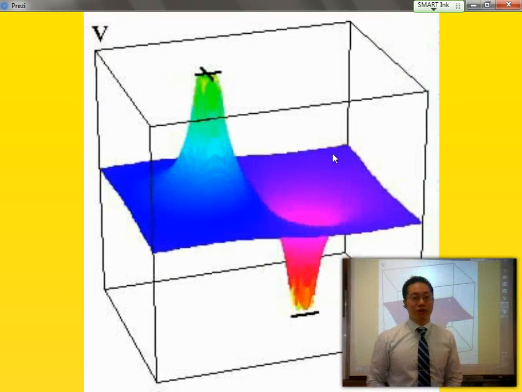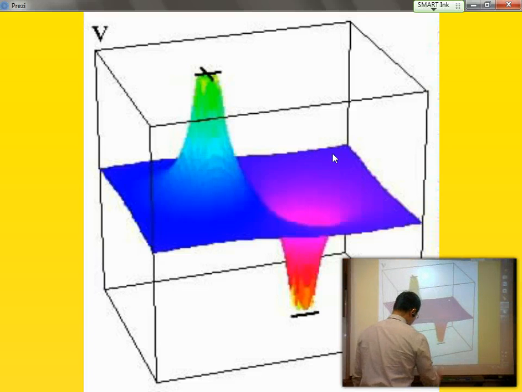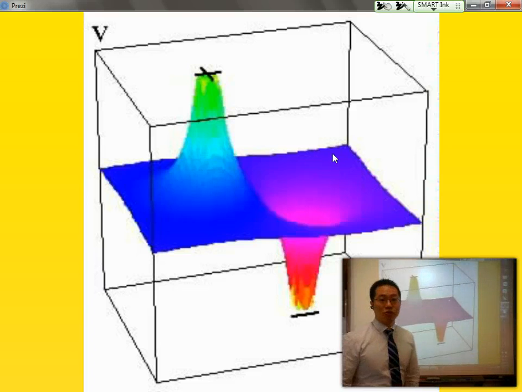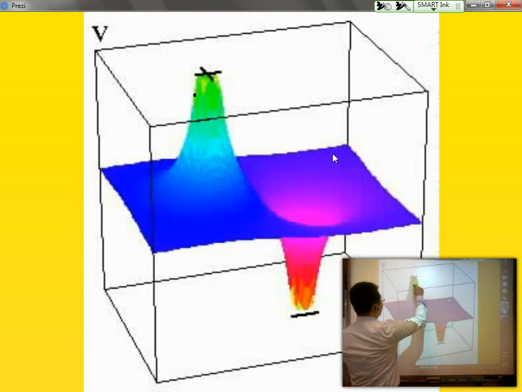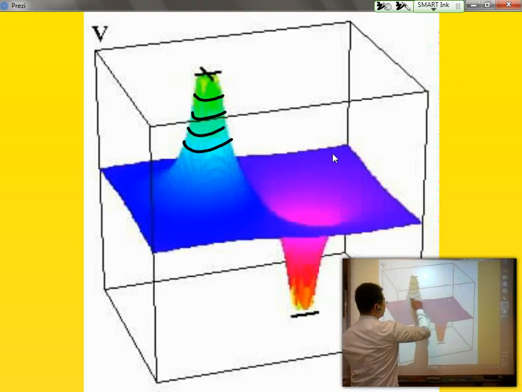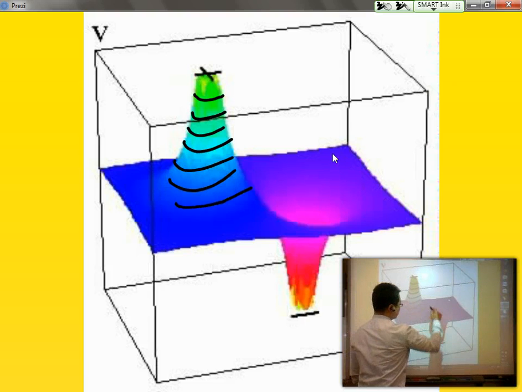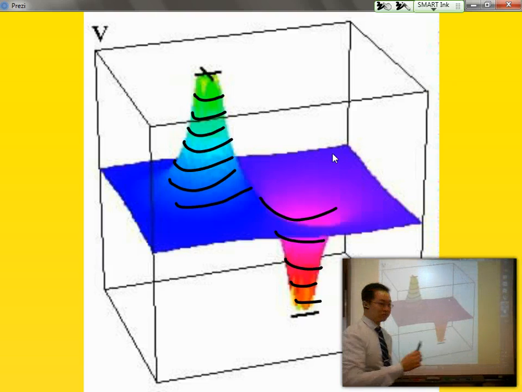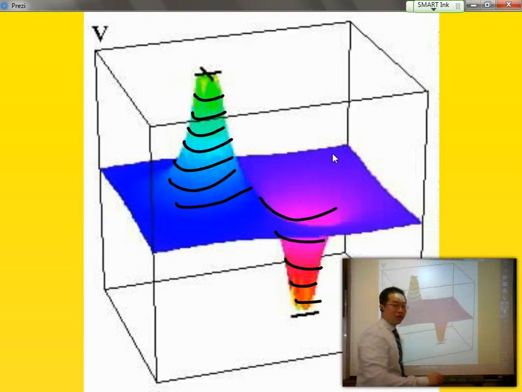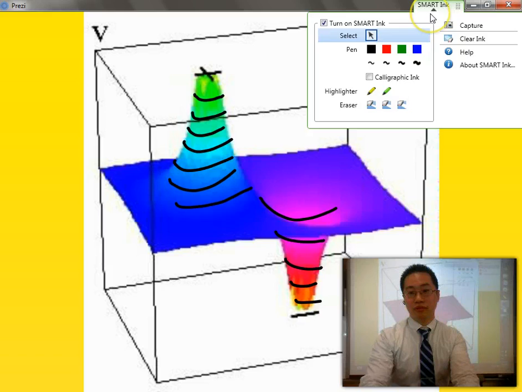So if I go back to this original picture from before, if I'm going to look at an equipotential line map or a contour line map, the lines would simply represent each of the different changes in height. Okay, and we're going to take a look at one right now.